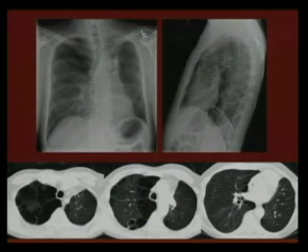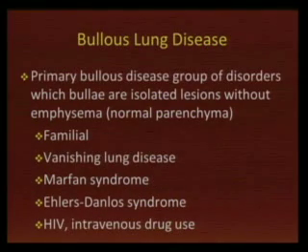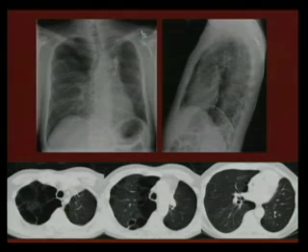Here we have a typical case of multiple bullous changes in the upper lungs, and the rest of the lung is totally normal. So there is no emphysema, just bullous changes. This is a bullous lung disease that could be one of the types I am showing here. Of these, the most common type is vanishing lung disease.